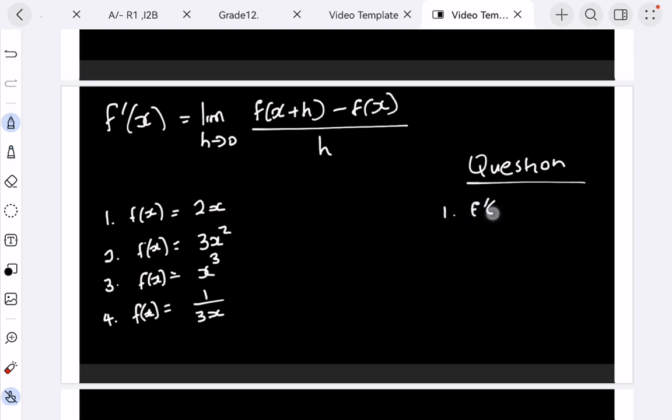They can say determine f of x, or they can say determine the derivative of y with respect to x, or they can just say determine the derivative of x, or they can say determine d by dx of the function f of x, or d by dx of the function y. But they will state if you have to use definition of derivative or first principle. You have to know that.